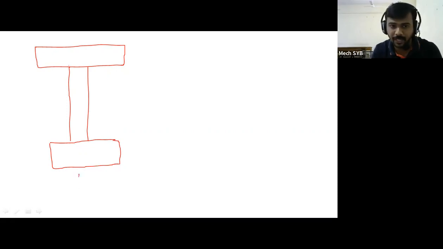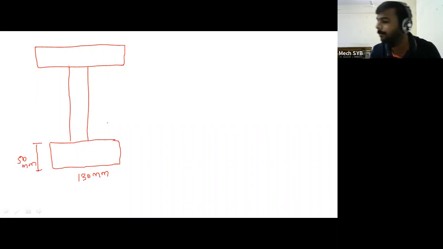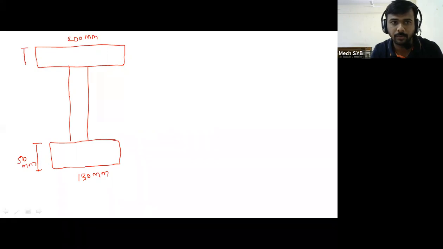So their dimensions are, this is 130 mm for the bottom flange. So this vertical distance will be 50 mm. For the top flange, it is equal to 200 mm. And their depth is also once again 50 mm.